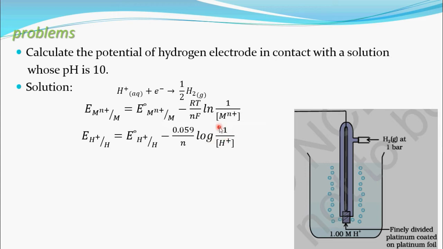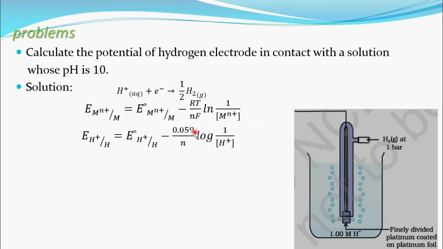One more thing, he didn't give the temperature, so assuming the temperature as 298 Kelvin and substituting the values of R and Faraday constant, and converting logarithm of base e to base 10, you will get 0.059 by n into log of 1 by concentration of H plus ion.